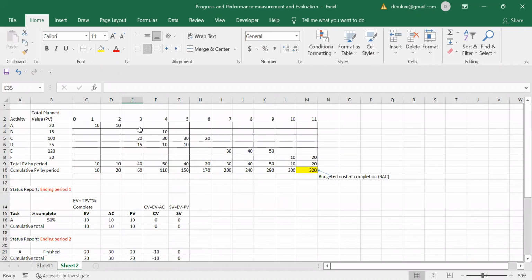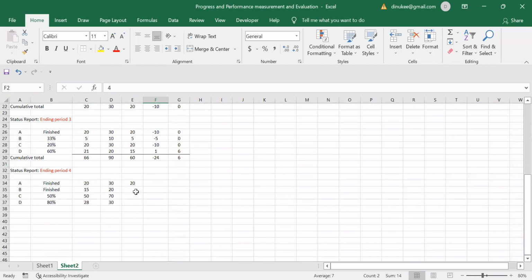And for the activity B, ending period 4, what is the planned value? Right, very good. It should be 50, right? It should be 50. So at the ending period 4, the planned value means you have to take the summation of these two, that is 15 here.